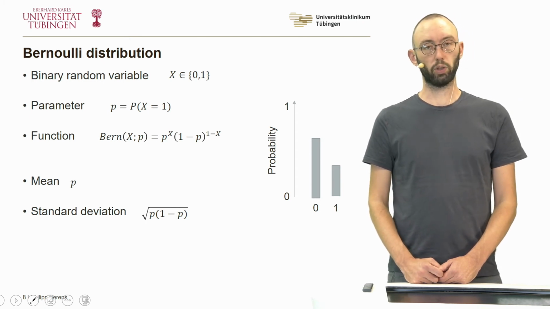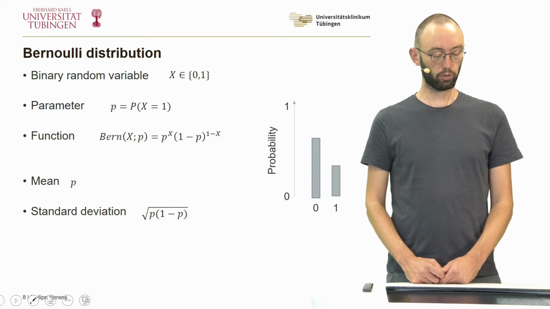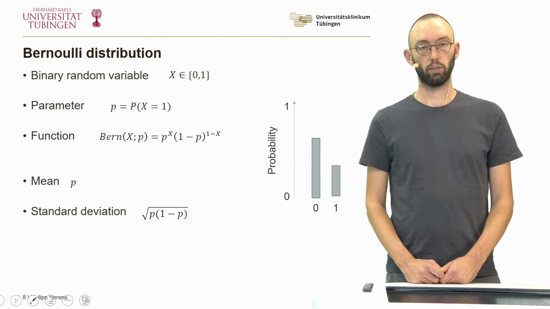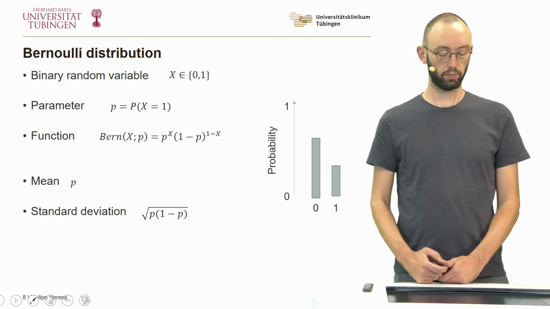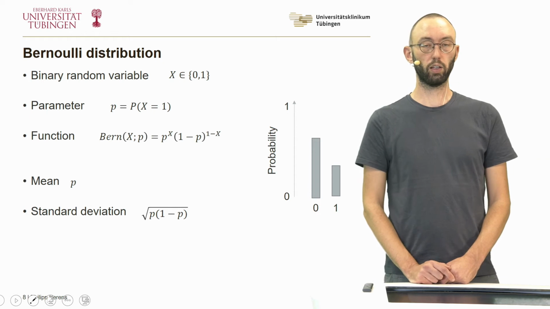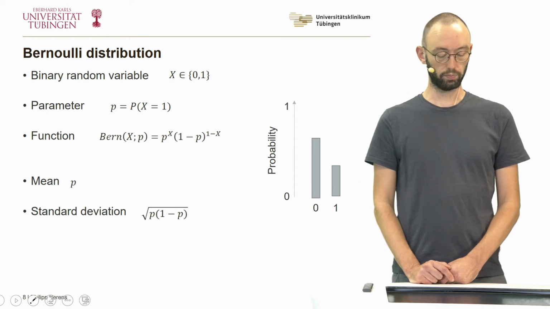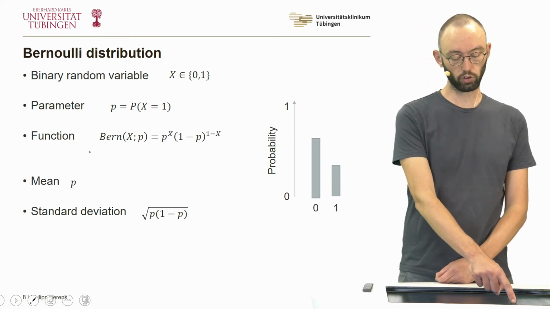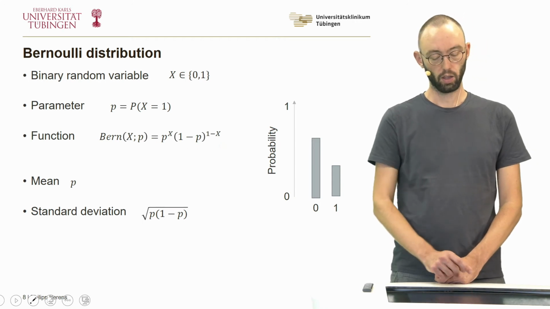The distribution is called Bernoulli distribution after a famous mathematician. The distribution has one parameter called p, and this is simply the probability that the random variable takes on a value of 1.